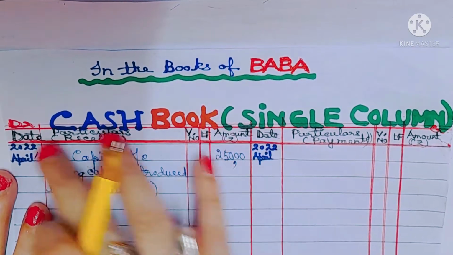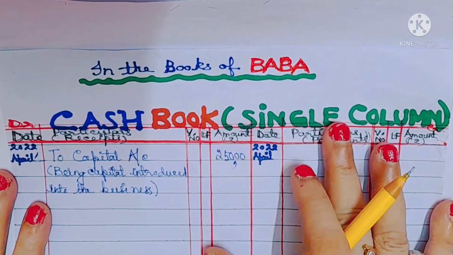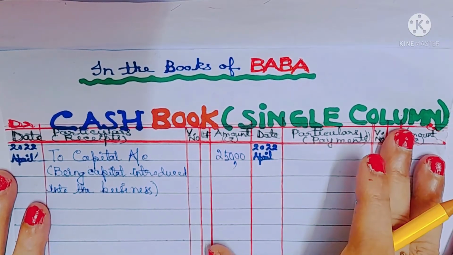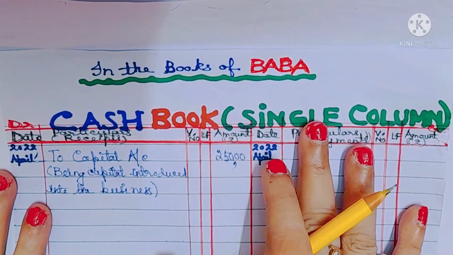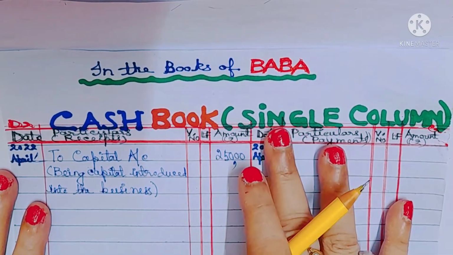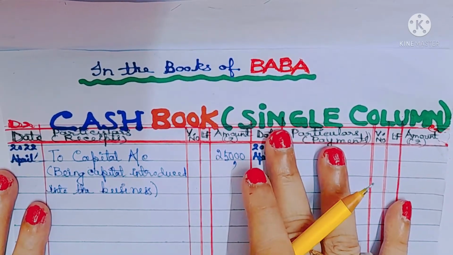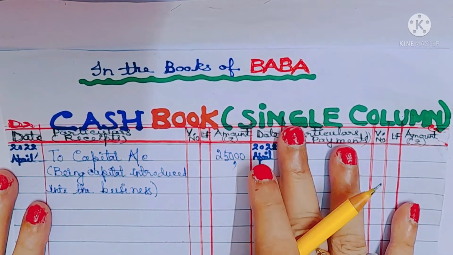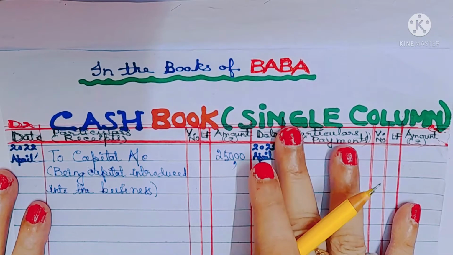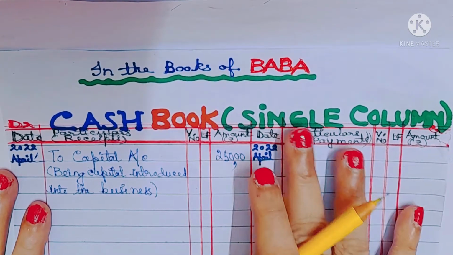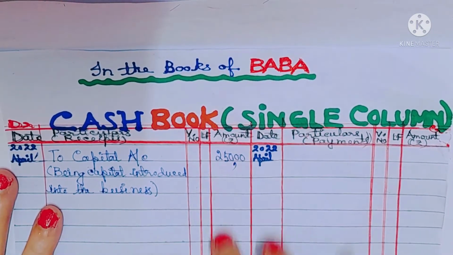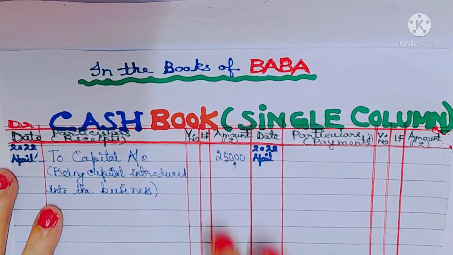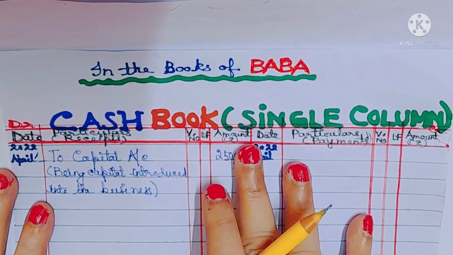Okay, please remember cash book records only cash receipts and cash payments. Cash receipts are recorded on the debit side and cash payments are recorded on the credit side, and single column cash book does not record checks received and checks paid, and single column cash book also does not record cash discount allowed and cash discount received because there is only one column which is for cash transactions.